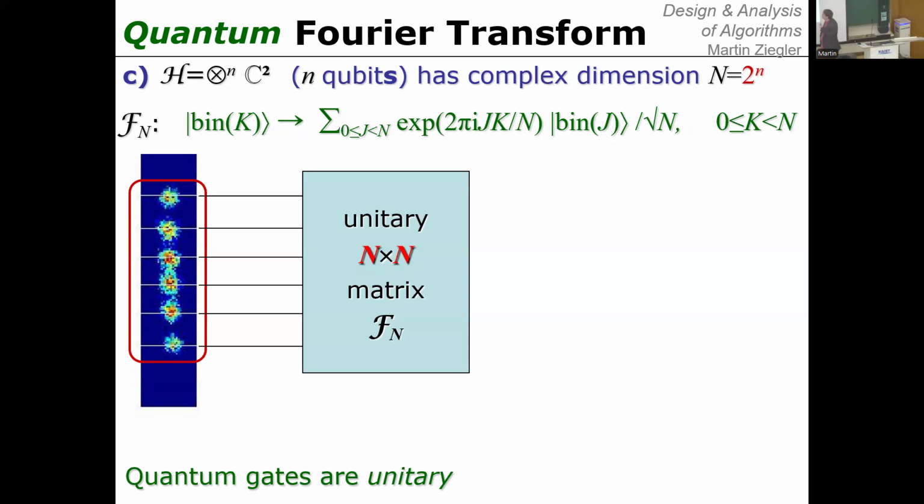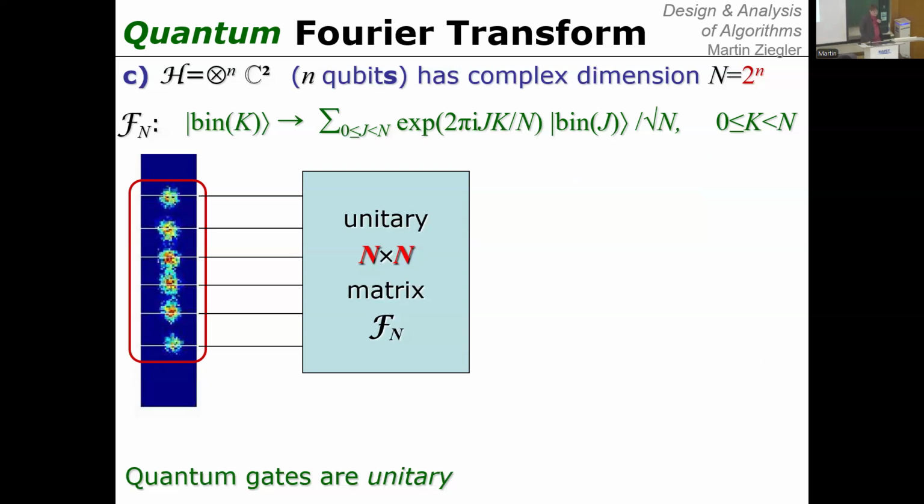So when I give you an N times N unitary matrix and ask you to turn that into a quantum circuit, that might result in an exponential size quantum circuit, right? But the goal is to have polynomial size quantum circuits. Polynomial sequential time, but also polynomial size, right?